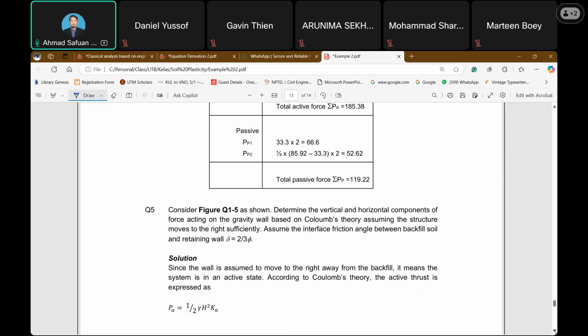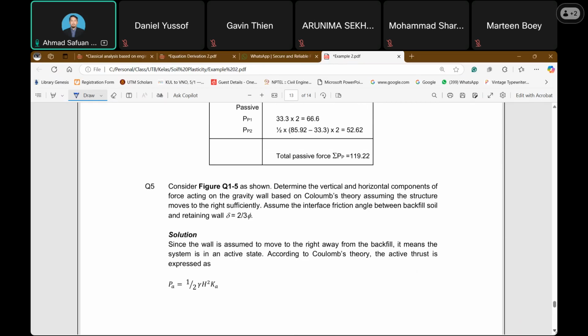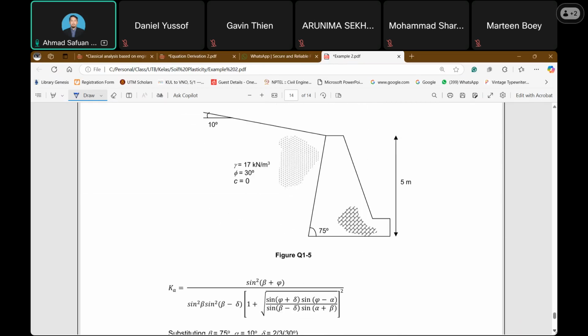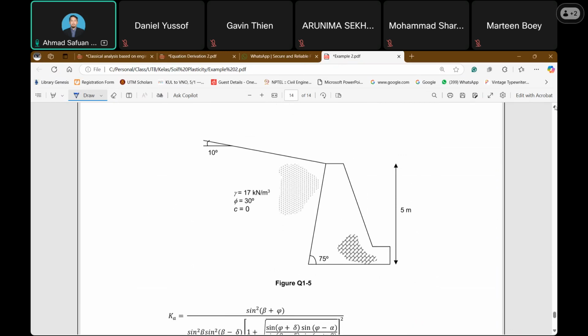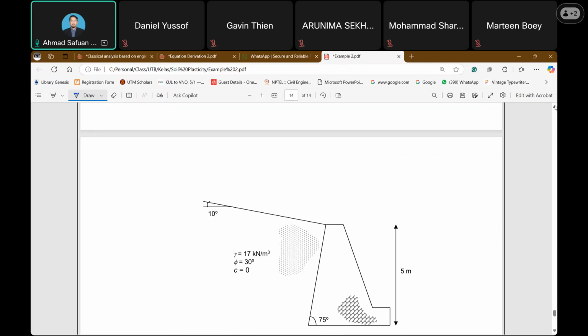So considering this, we look at the figure. This is the figure for a wall that has a better angle, and there is a slope on the backfill, and the wall is considered rough rather than smooth.